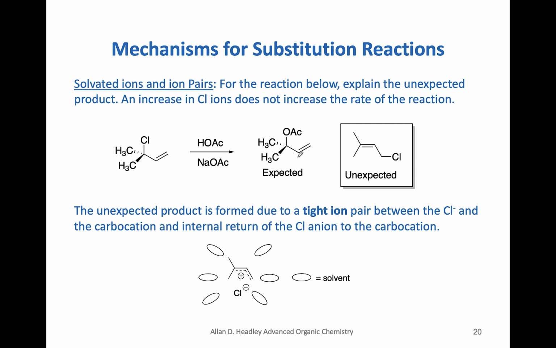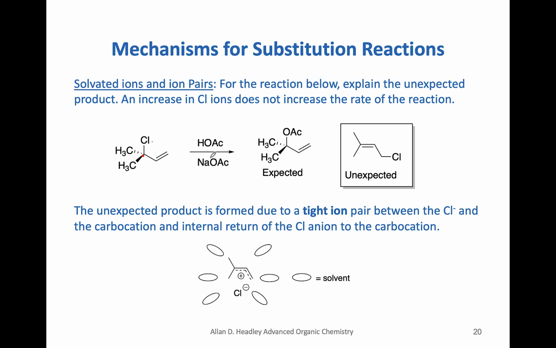Let us look at now the aspect of the solvent in terms of the reactions and unexpected outcomes. So the nature of the solvent can dictate the outcome of SN1 reactions. Let's look at this one, for example. Here is the carbon. Here is the leaving group, Cl, reacting this with acetic acid. So we'd expect the acetate anion.